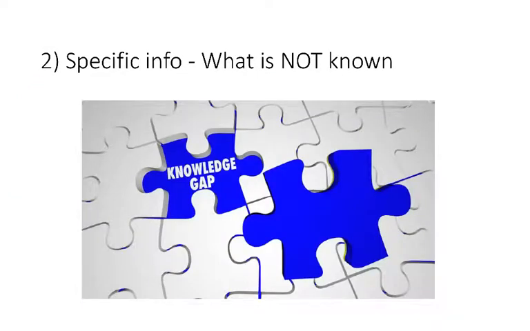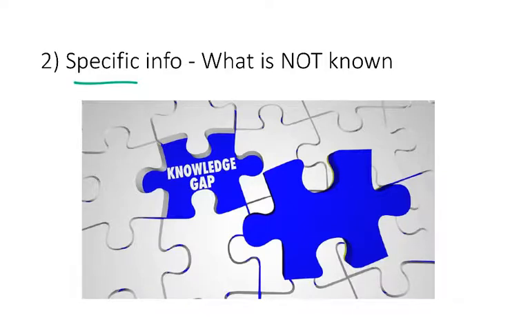And once we've included that relevant background information about what is known, we then also want to give some specific information, and that's the information that we don't know yet. And here is where we are basically returning to that knowledge gap that we have talked about previously.